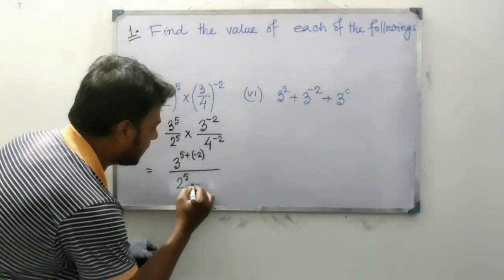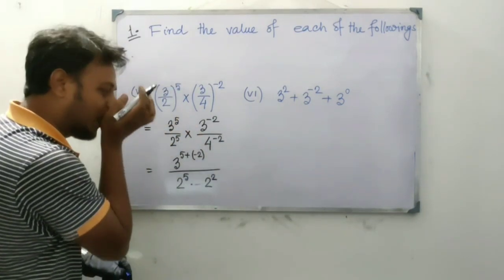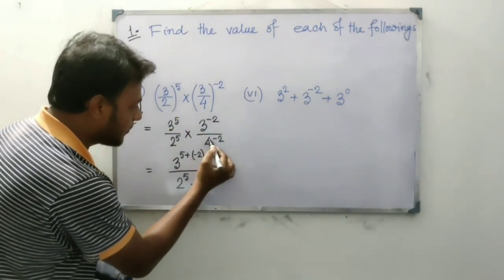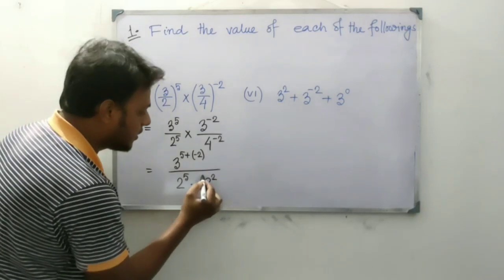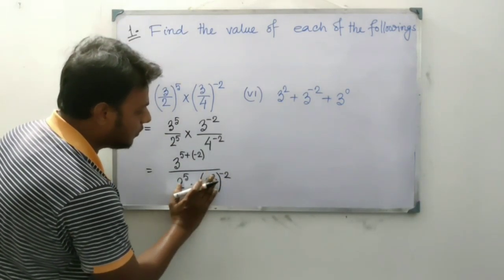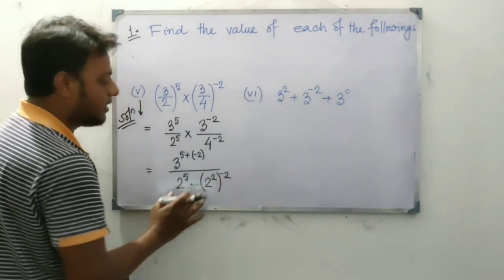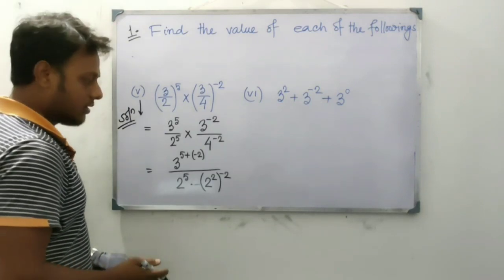I have written 2 square in the place of 4. After that minus 2 was there, so the whole power will be minus 2. Understood? 2 square means 4. 4 to the minus 2 was there, so in the place of 4 we have written 2 square.